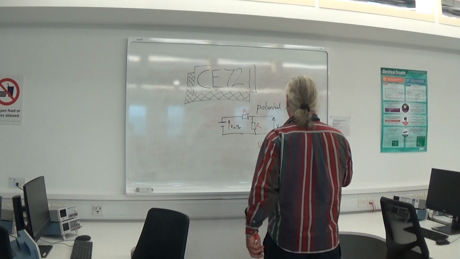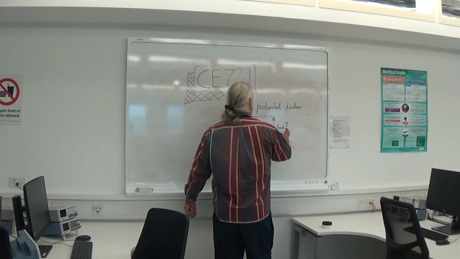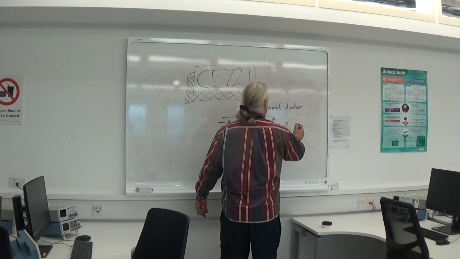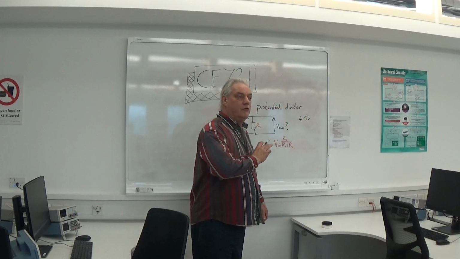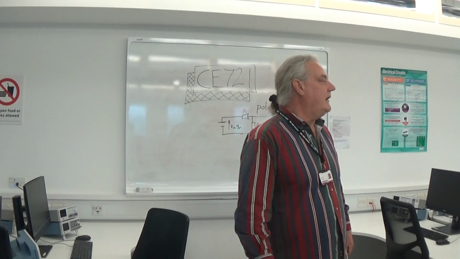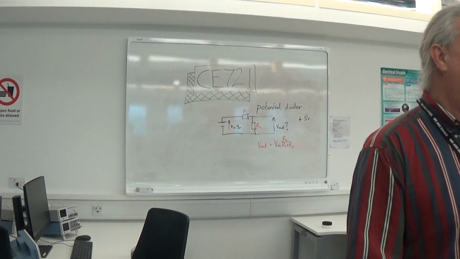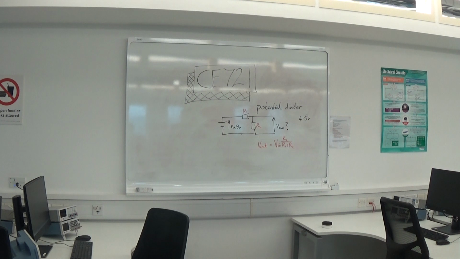So, an exercise for you, if I said 4.5 volts was what I wanted out, that'd be too simple, right? Because I think you can just see straight away that you'll drop half the voltage across one and half the voltage across the other. But how would you decide what R1 was? Because you could say R1 is 1 ohm, R2 is 1 ohm, you get 4.5 out. Would that be a good choice of resistor value?